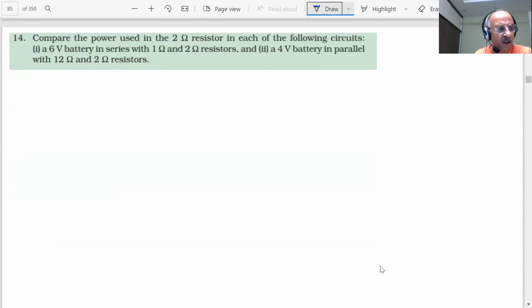Another question is coming on the screen, students. Compare the power used in the 2 ohm resistor in each of the following circuits.